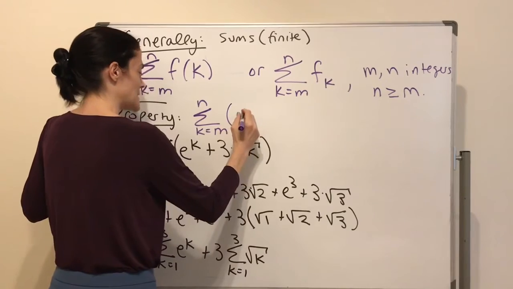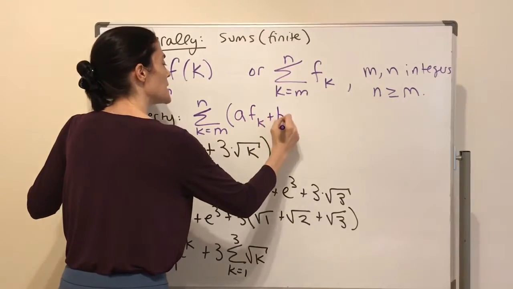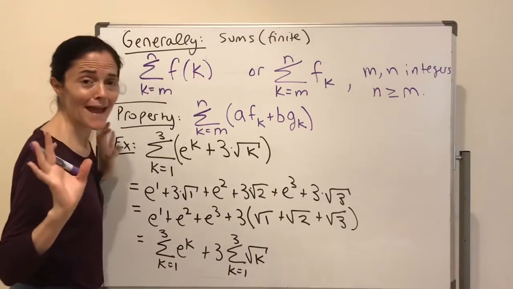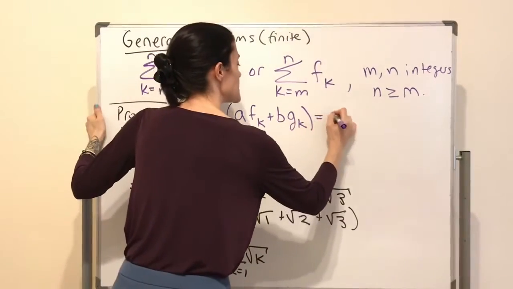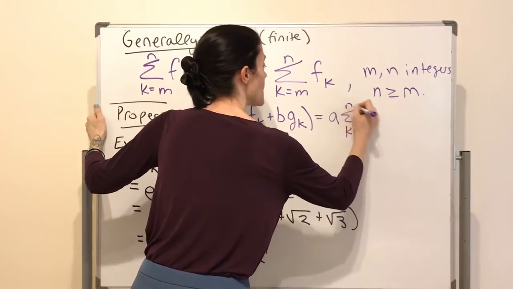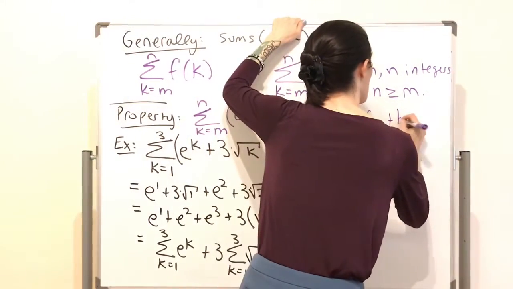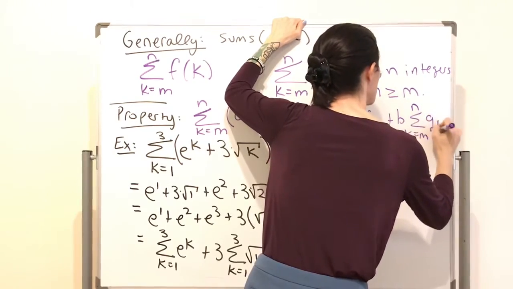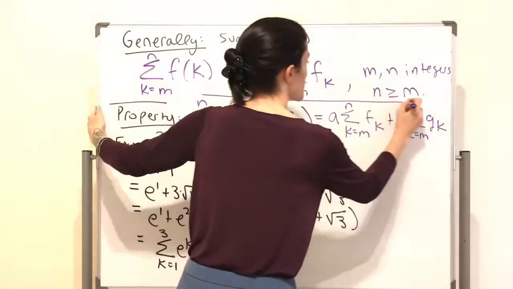If you have, let's say, a f sub k plus b g sub k, like this, where a and b are numbers, it's a, the sum k equals m to n f sub k, and then plus b, the sum k equals m to n g sub k. Now, this might seem, here, maybe I will box it in purple.